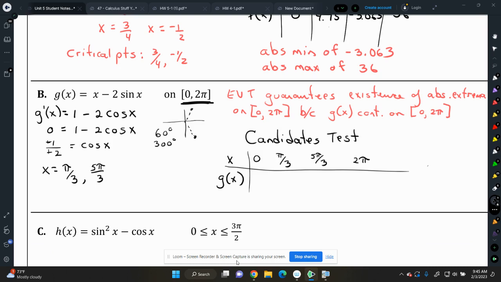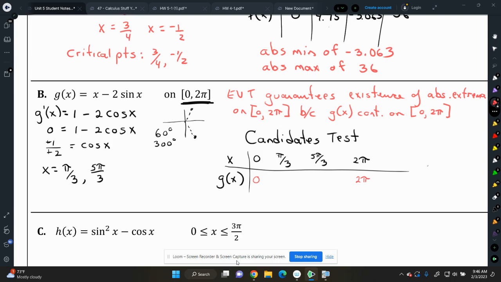The 0 and the 2 pi are easy because we know the sine of 0 is 0. So I have 0 minus 0, so this is going to be 0. At 2 pi, sine of 2 pi is 0, so I get 2 pi. So you take the candidates test and apply it to the original function, not the derivative.